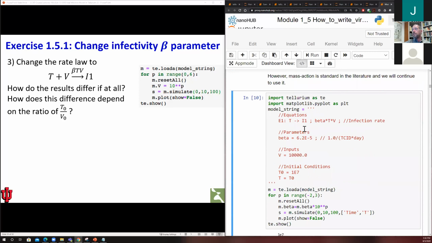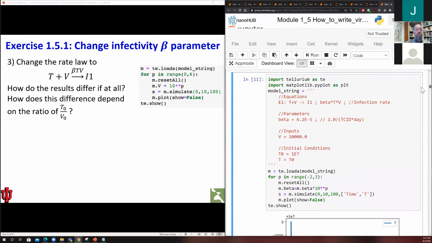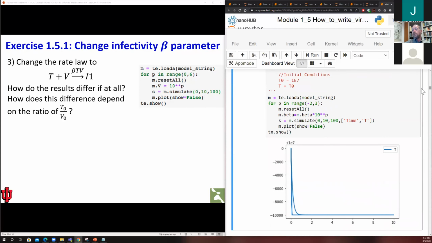And now we're going to have a chemical reaction type term where the virus is used up when it infects the cell. And what's going to happen? Anybody? Thank you, Jingmei. Look, now the number of infected cells goes down much more rapidly.